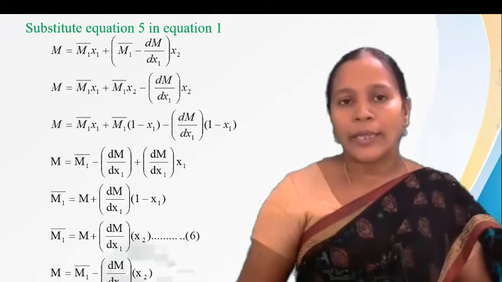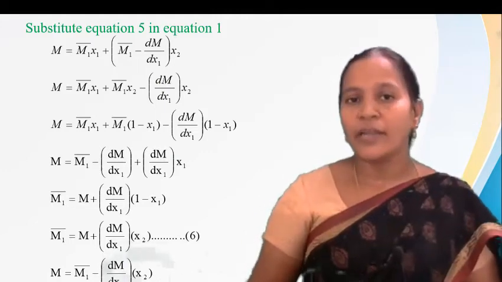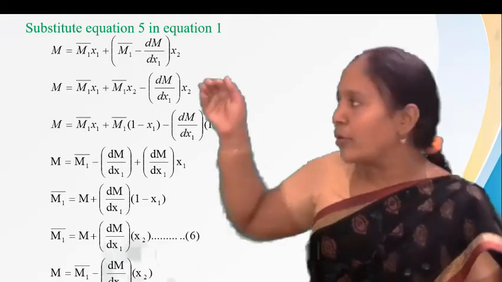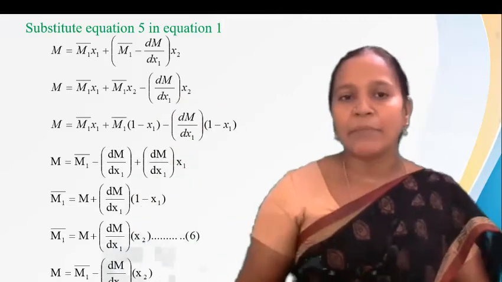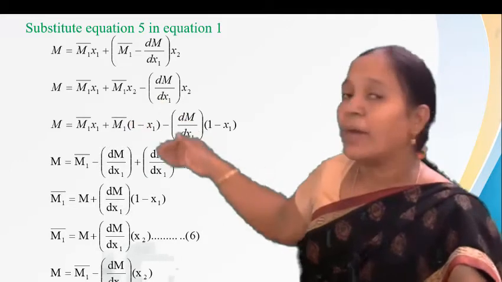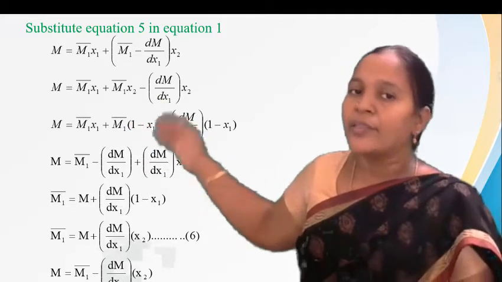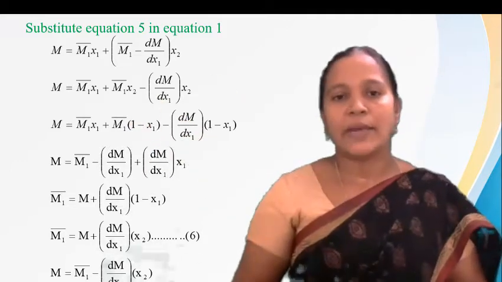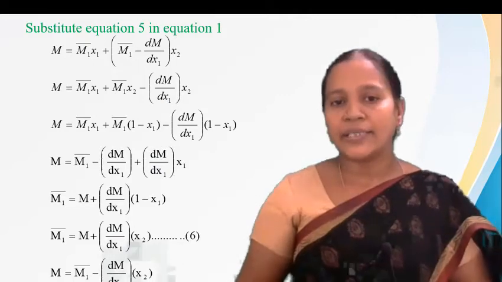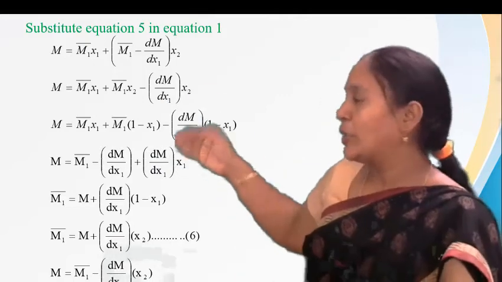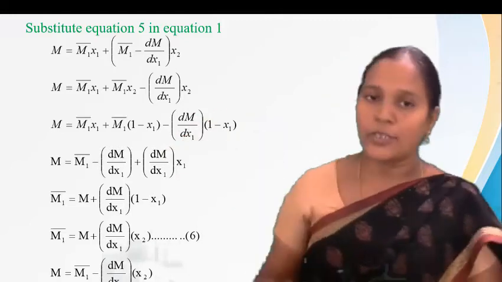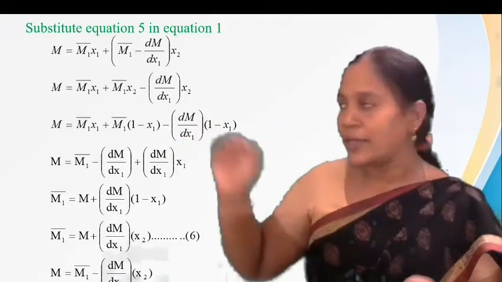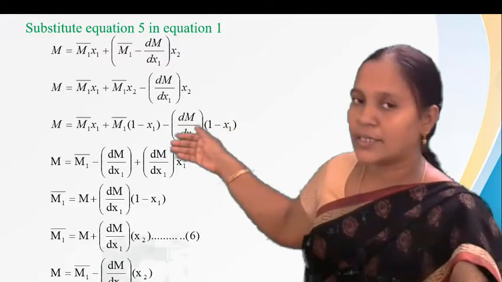Now eliminate the terms M2 and x1. Then we will get M1 bar is equal to M plus dM/dx1 into (1 minus x1). Therefore, M1 bar is equal to M plus dM/dx1 into x2. Here, 1 minus x1 is replaced with x2, which is indicated with equation 6.